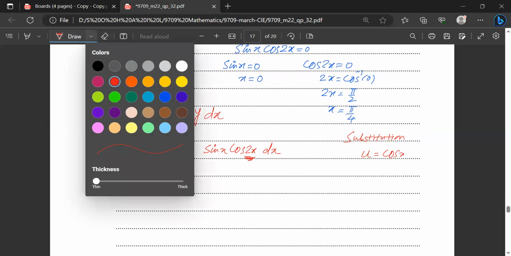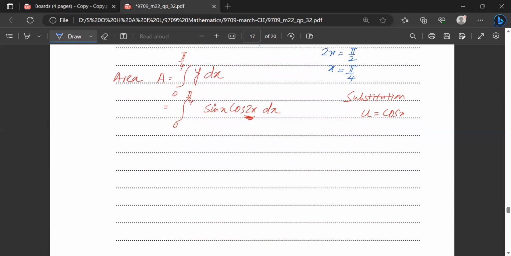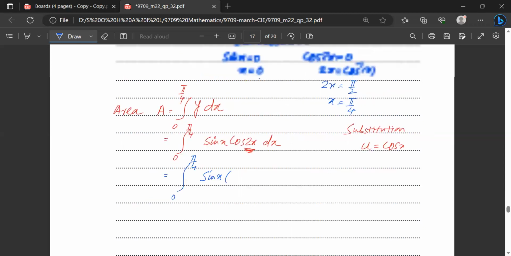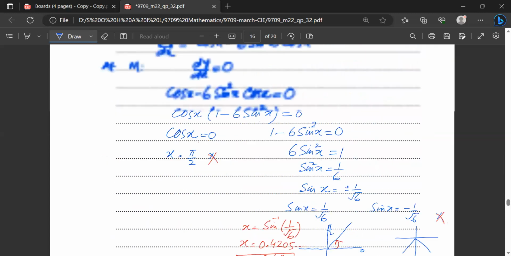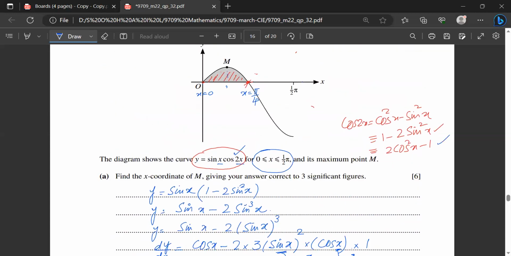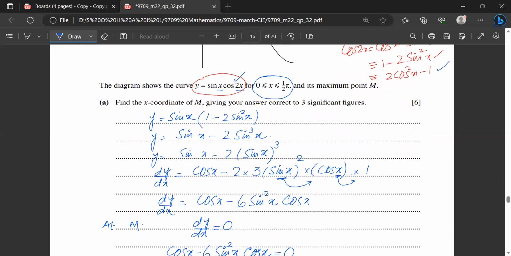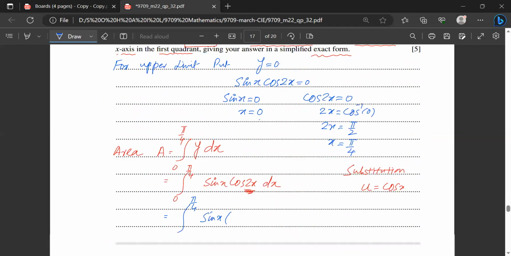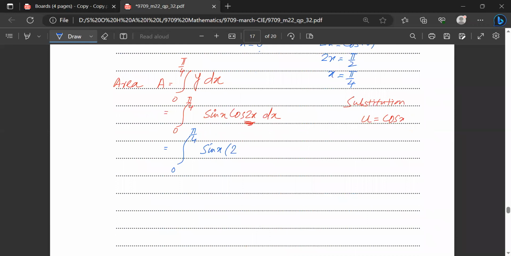Recall the double angle identities. As there are three options for cos of 2x and we want to use a substitution, choose the one in which we have cos. So this is the double angle formula, 2 cos square of x minus 1. So here I'm using 2 cos square of x minus 1 dx.